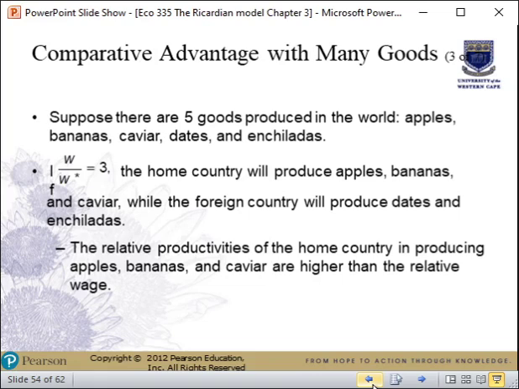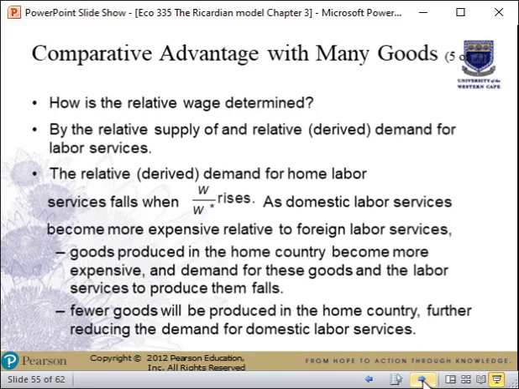In our analysis of the factor model with many goods, we assume that the relative wage of 3. But now, how did that relative wage of 3 get determined?